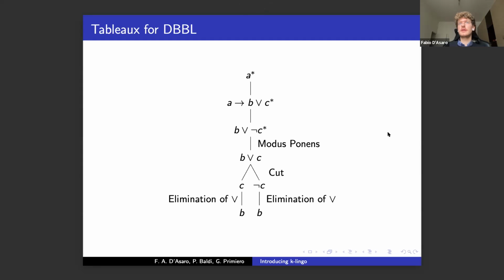So it turns out this kind of undeterminism is captured by some tableau rules that are basically the classical ones, more or less. So you just syntactically manipulate the formulas in your theory.